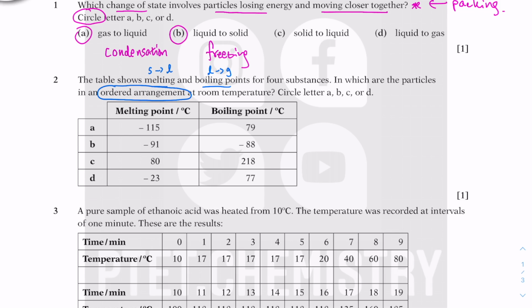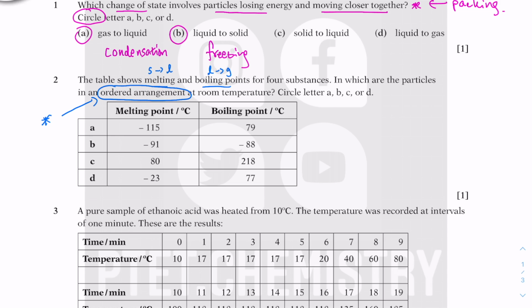The question is not very specific, it just says ordered arrangement, but we know it is not going to be a gas, because gases are not ordered at all. In a liquid it's still ordered, but there's a little bit of space between the particles, so they can move a bit more than in the solid state.